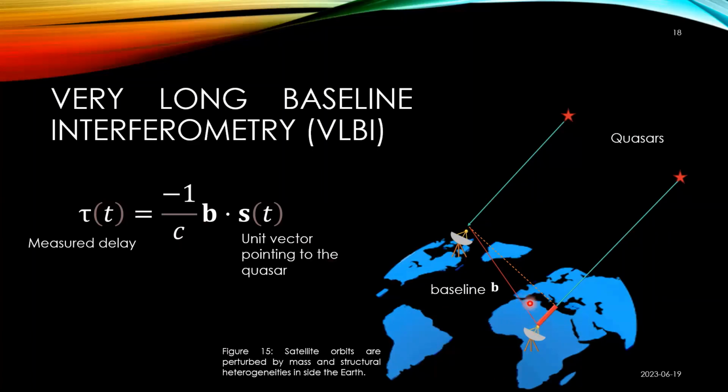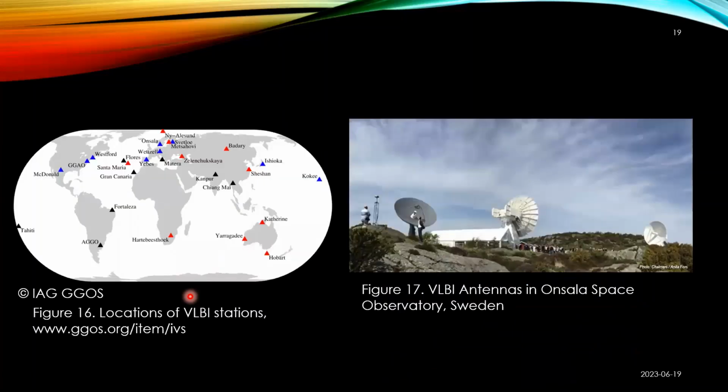If we take the inner product of those, then we can determine the time delay, which in reality is measured precisely by atomic clocks. And the point is that the coordinates of the celestial objects are known. We know the position of the quasars, and then we determine the baseline between the stations or radio telescopes. It means that in very long baseline interferometry, we measure the relative coordinates between the radio telescope antennas.